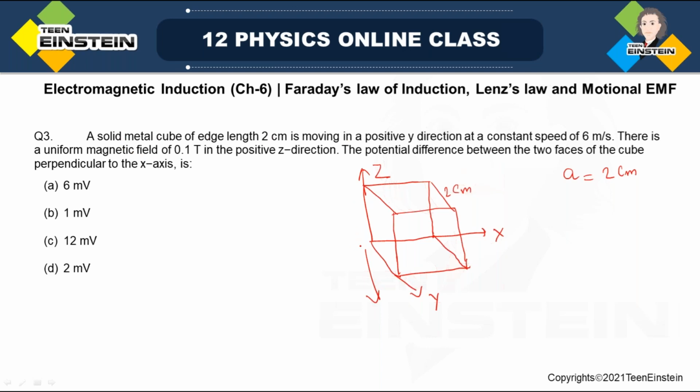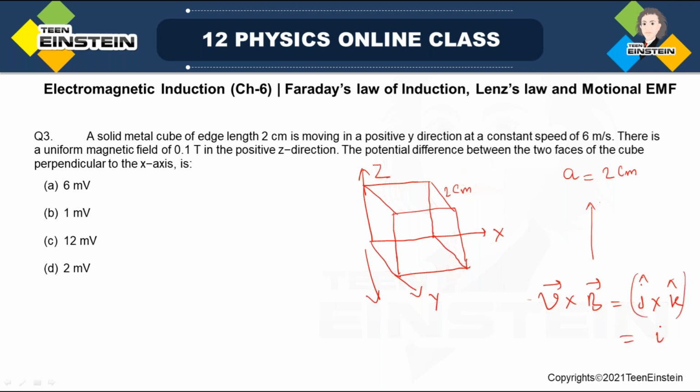So these are two perpendicular directions: the magnetic field is along the z direction and the cube is moving along y. If you look at v cross B, v is along j cap and B is along k cap. So j cross k will give you i cap.